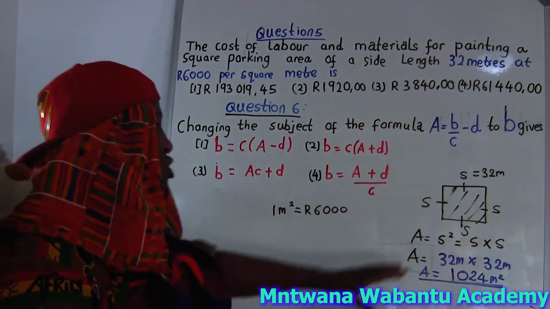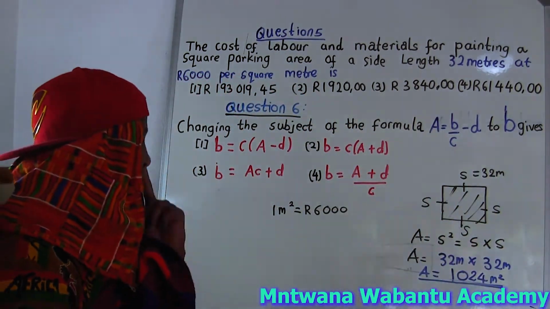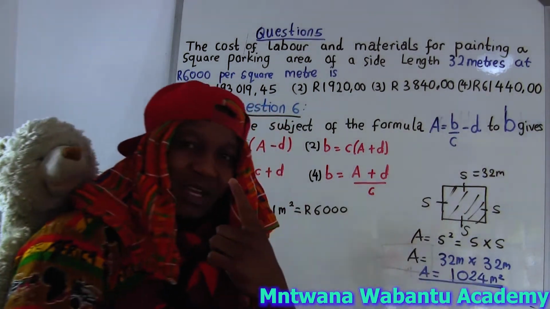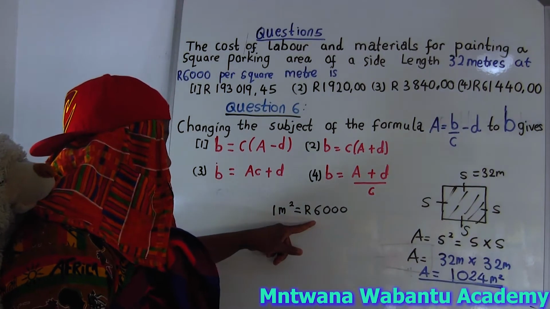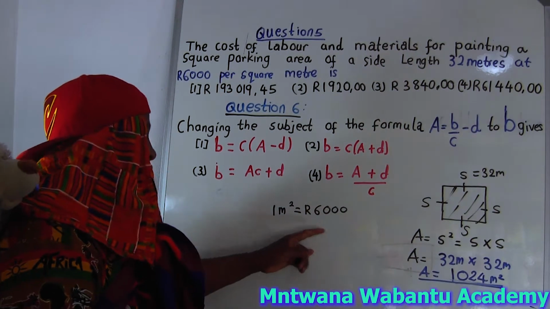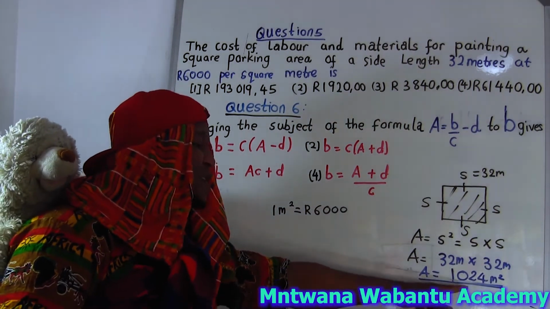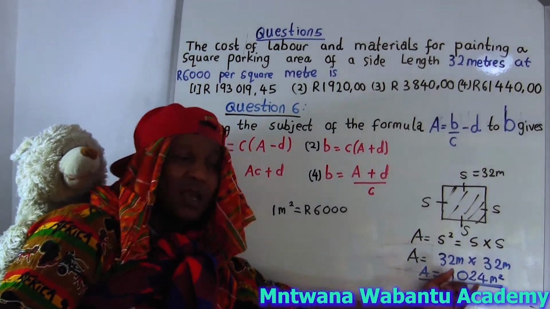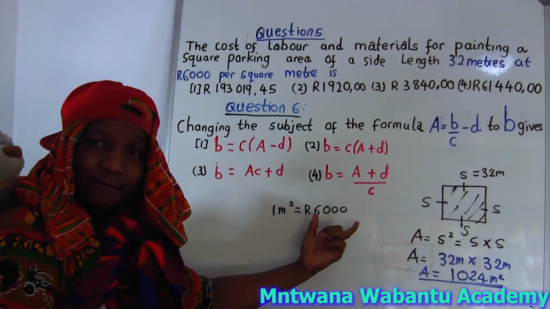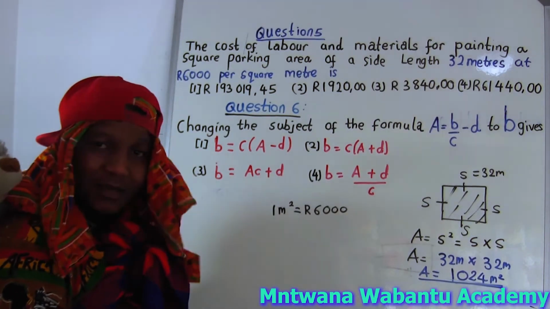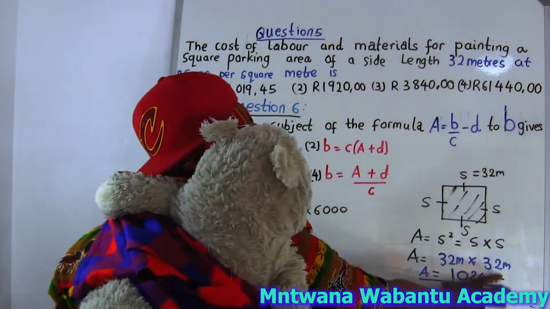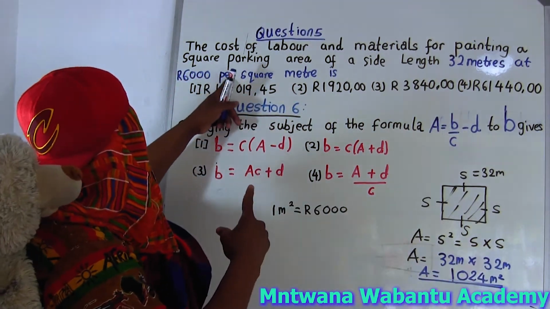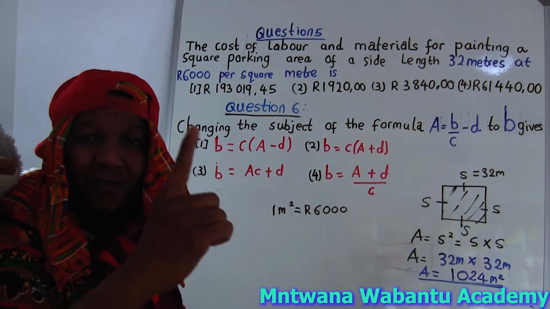So if this is the total area of the square, and we want to paint, each 1 meter square costs 6,000. If you paint 1,024, how much is it going to cost? I'm going to take all of this multiplied by 6,000. You see what I'm saying? Because this is the total meter square, and they say this 6,000 is for only 1 meter square.